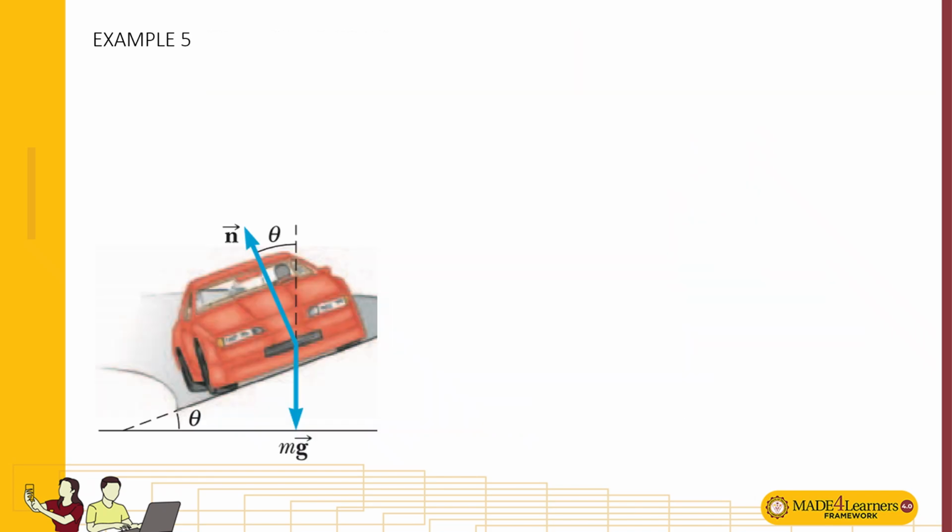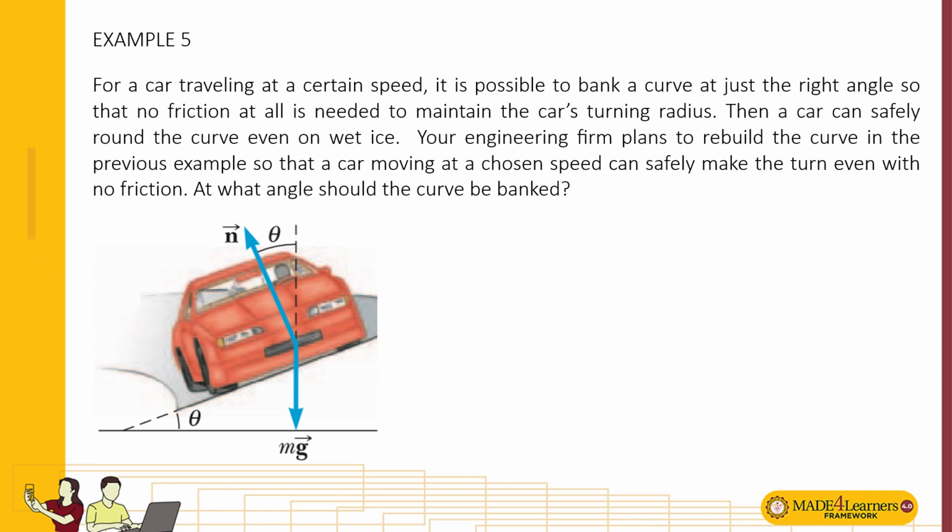So here's an example of banking of roads. If the previous example is revised and there's already a banking, we need to solve for this angle here.